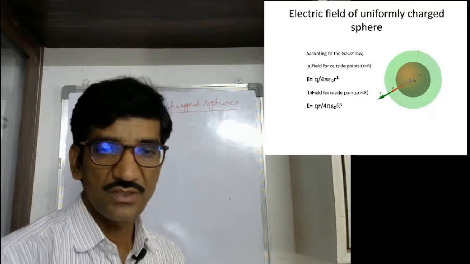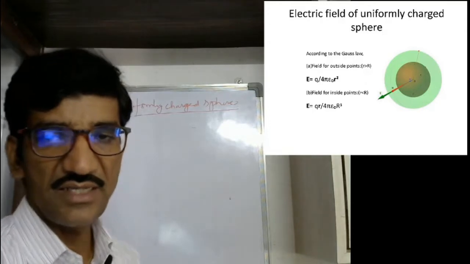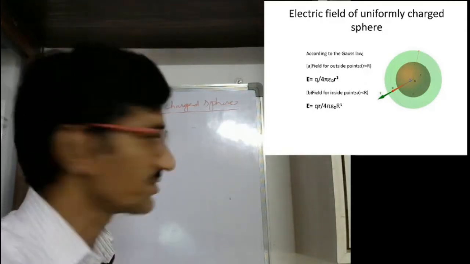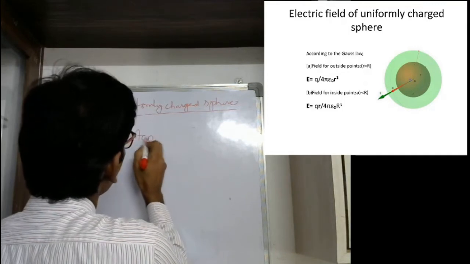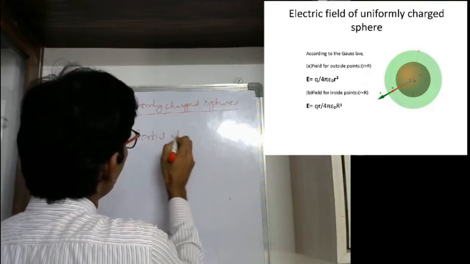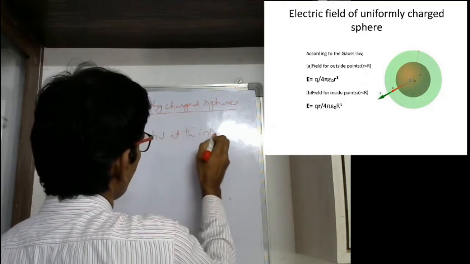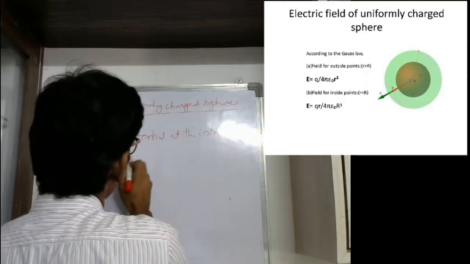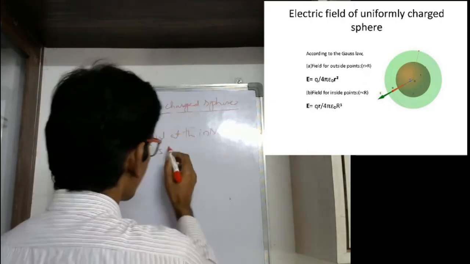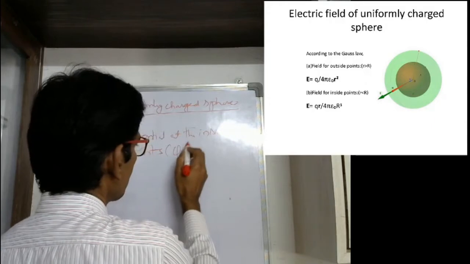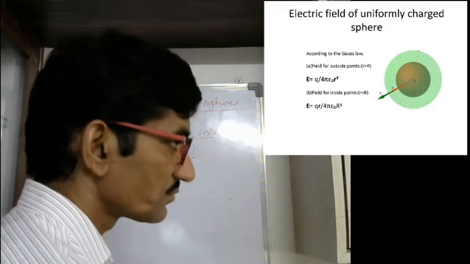So in this lecture, we start with calculating the potential at the inside points of the uniformly charged sphere. So case B, potential at the inside points. Let us call this phi in.